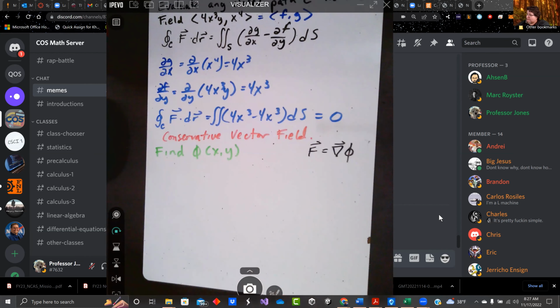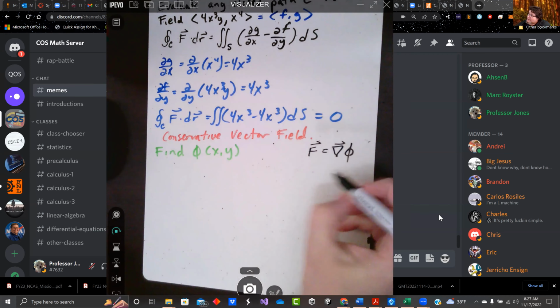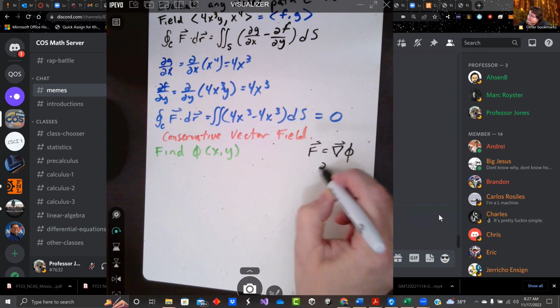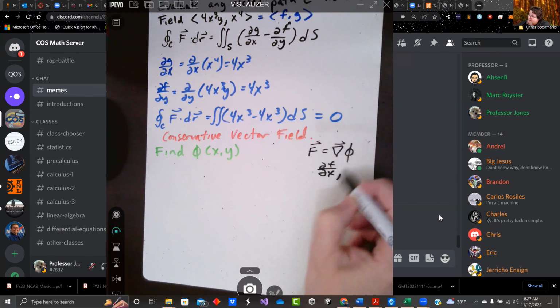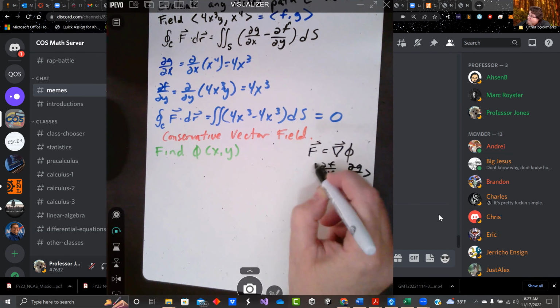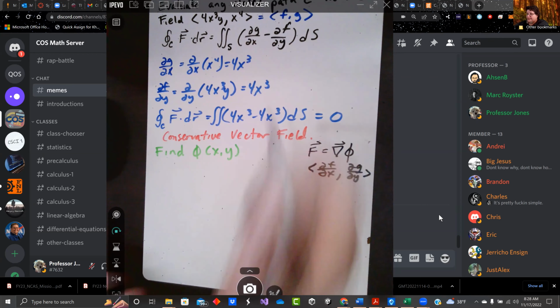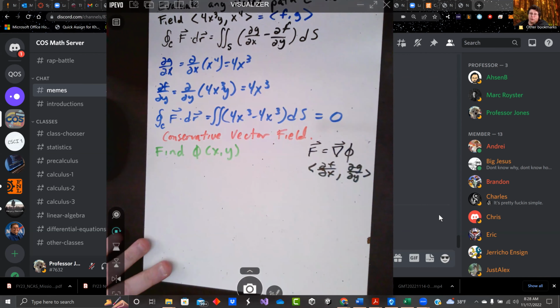All right, so the gradient of phi is df dx, dg dy. And in fact, that is part of the reason why, when you do Green's theorem with dg dx minus df dy, that equals 0.